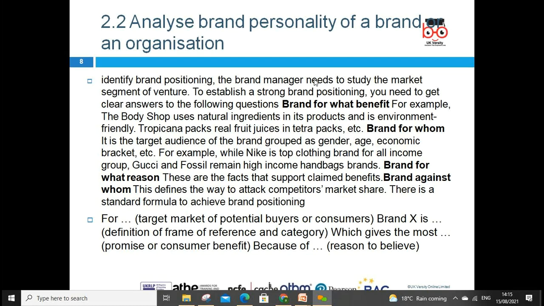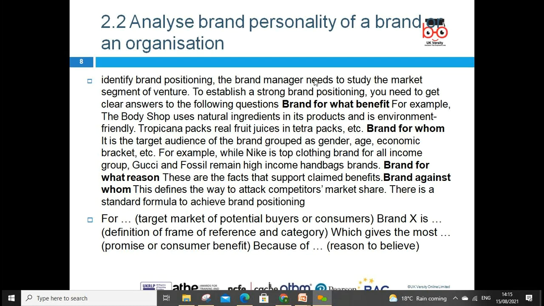Brands define their target audience by group, gender, age and economic bracket. Nike is the top clothing brand for all income groups. Gucci and Fossil remain high-income handbag brands.